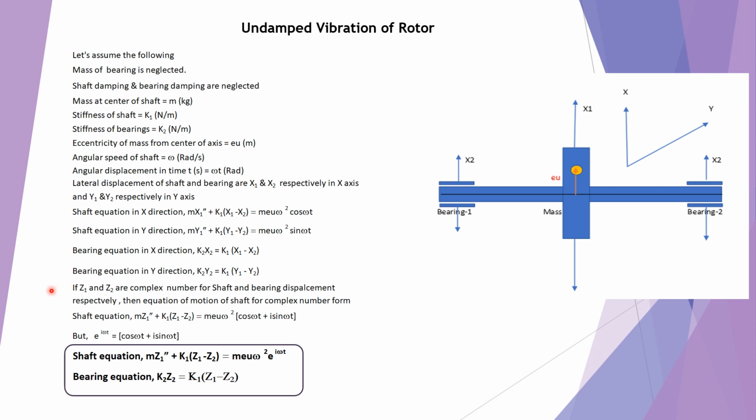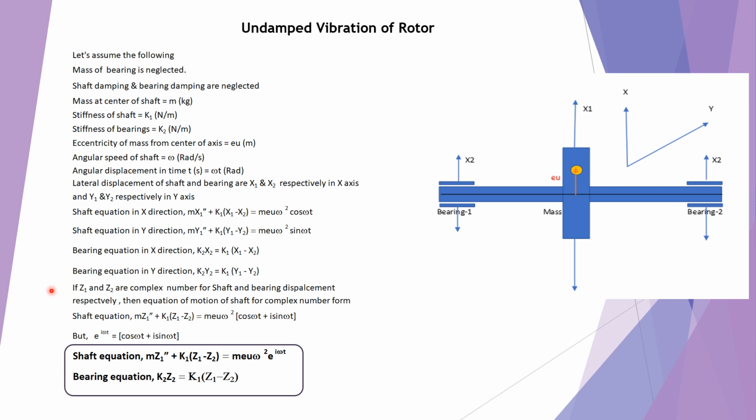If z1 and z2 are complex numbers for shaft and bearing displacement respectively, then the equation of motion of the shaft in complex number form can be written as: m z1 double differentiation plus k1 into z1 minus z2 bracket close is equal to m e_u omega square into bracket cos omega t plus i sin omega t bracket close.